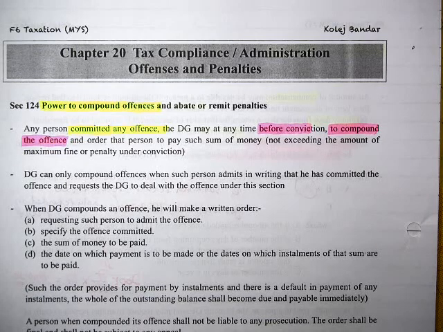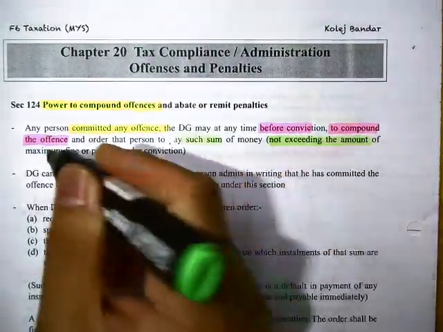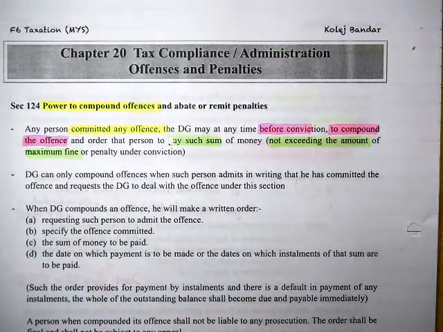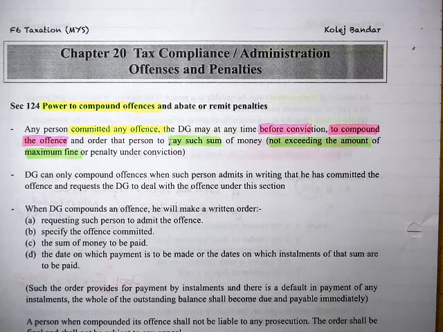The amount you pay will never exceed the maximum fine in the event there's a conviction. Follow? That's compound. Now all offenses can be compounded except those that are not allowed to be compounded in the law. For example, some criminal offenses cannot be compounded.